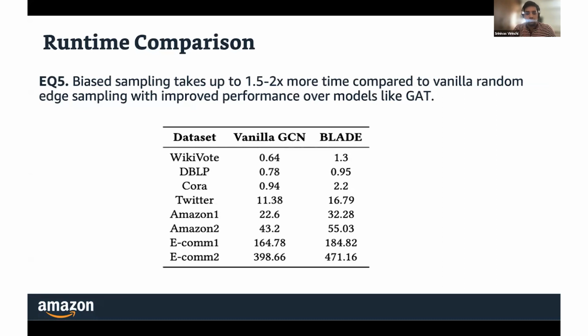And you can find more results in the paper, wherein we compared our model against a GAT, which one could argue is some kind of giving attention to the edge scores to the nodes based on their features. So we performed those experiments and you can find them in the paper.